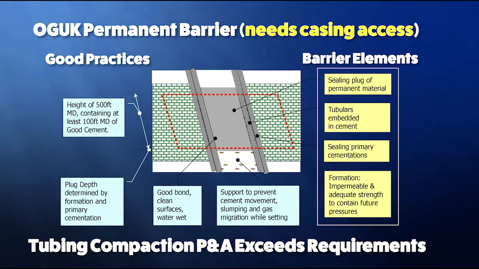Yet another good practice is to ensure a good bond through clean surfaces that are water wet. Finally, it's important to support the cement plug and prevent cement movement or slumping downwards and gas migration upwards while the cement is setting. All of these requirements can be met or exceeded by tubing compaction P&A.